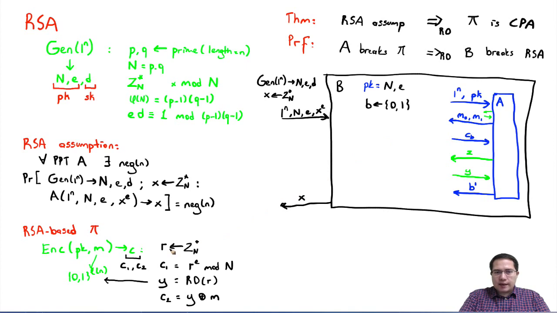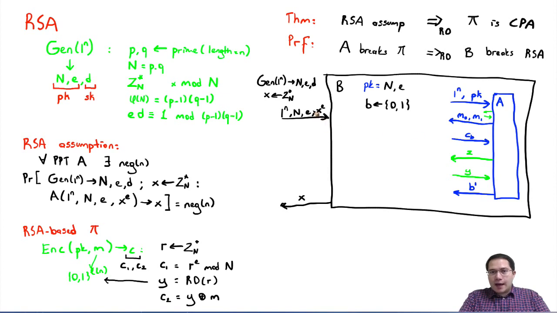And then B needs to encrypt one of them, Mb. How is the encryption working? Normally what B needs to do is pick a random value r from Z_N star and compute r to the power e. Now if B picks its own random value r and computes r to the power e, then we are not tying B's input to A's input.